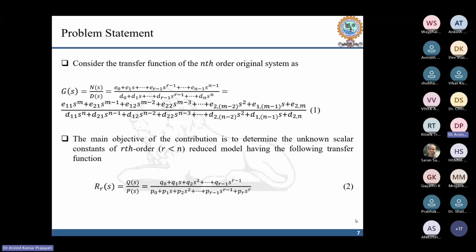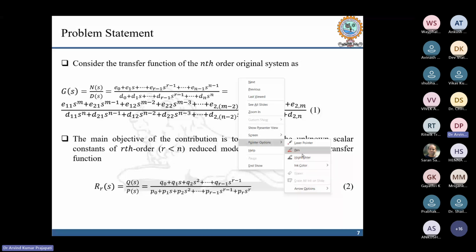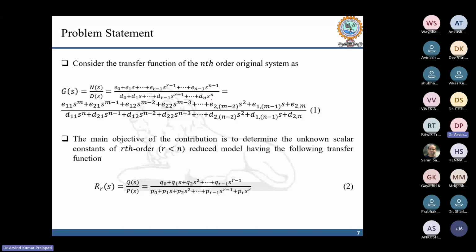Equation 1 represents the transfer function of the original system, which is of order n. The order n is very high; it may be more than 10, more than 50, more than 100, or even more than 1000, depending upon the complexity of the system.